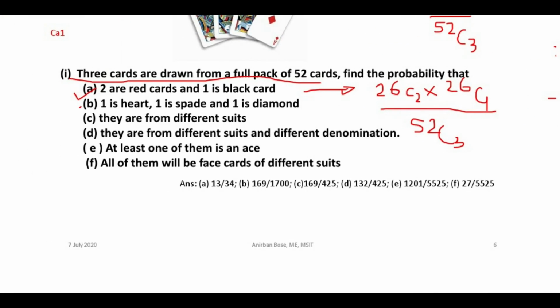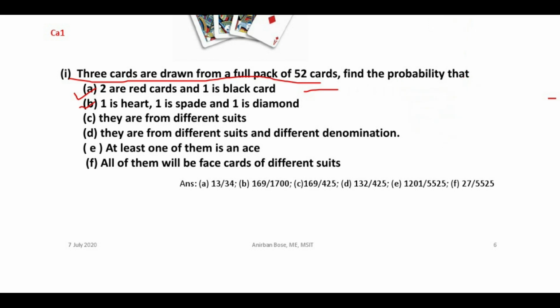Okay, now see the second problem. 1 is heart, 1 is spade and 1 is diamond. Let us find the favorable cases corresponding to that. How many hearts are there?